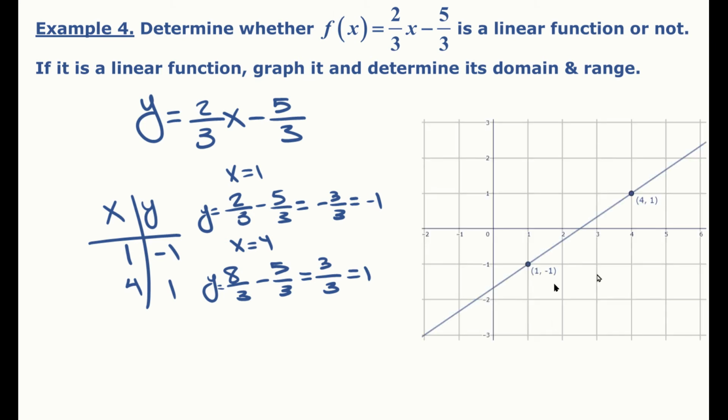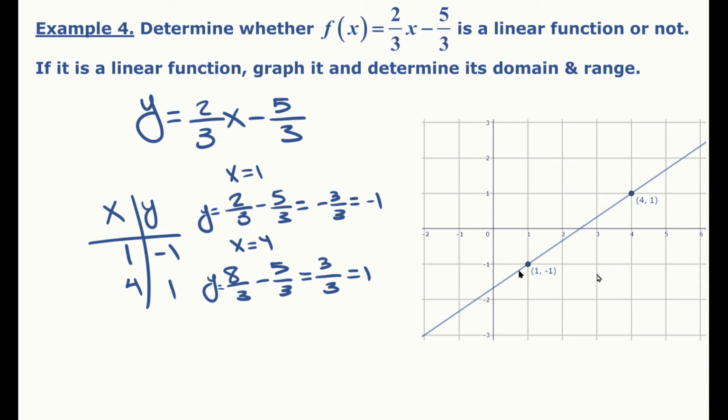All right, so here we notice that we have 1, negative 1, and 4, 1, and we graph our line. We notice once again that the domain will be all real numbers, and so will the range. Now, this is not accidental. This is actually the case for all oblique lines, right?